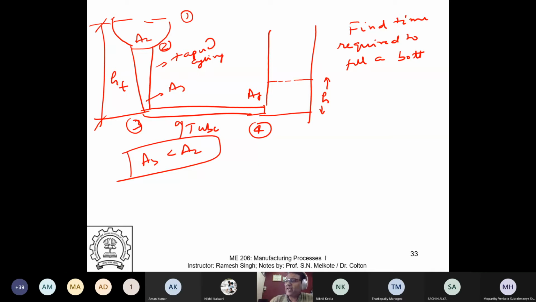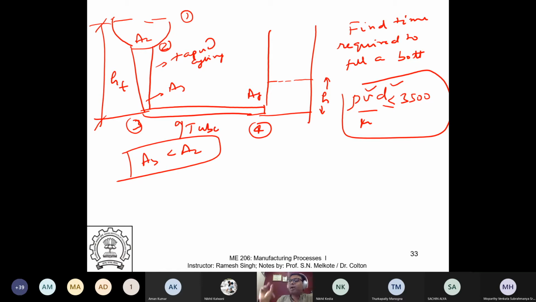So your rho vd by mu should always be less than or equal to 3,500. This will give me a relationship between v and d. The product of the velocity and the diameter of the sprue should never exceed this limit.